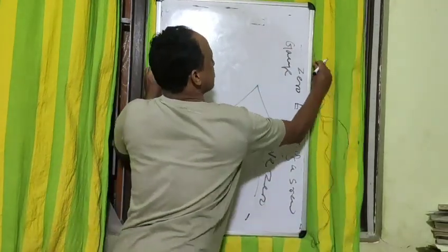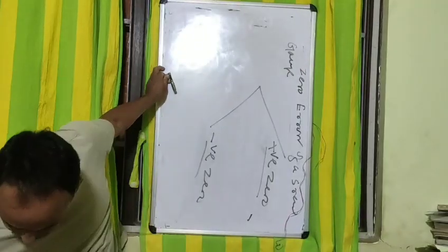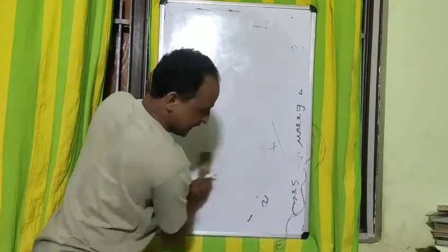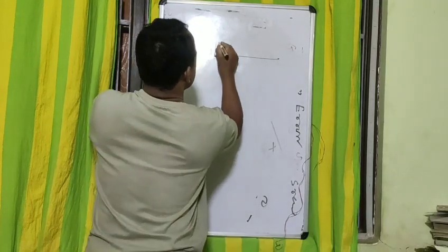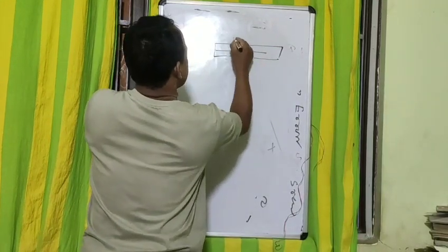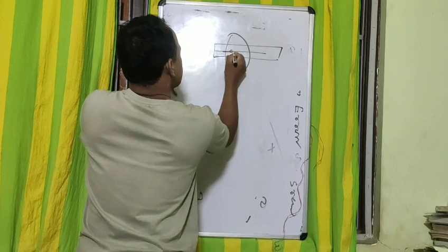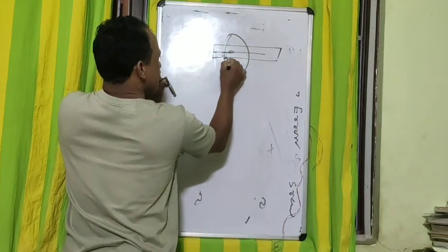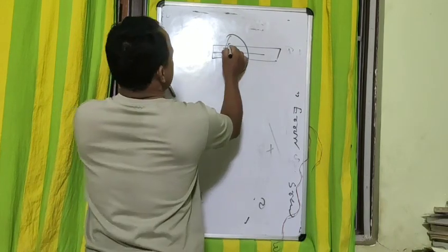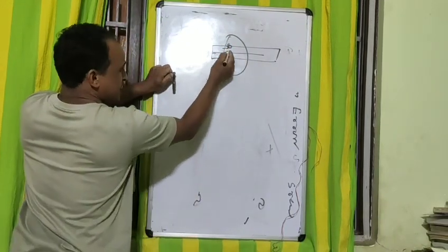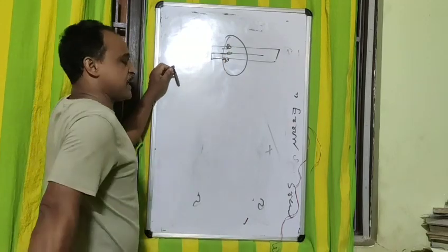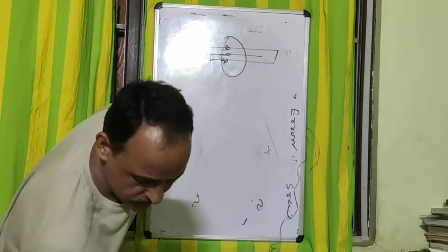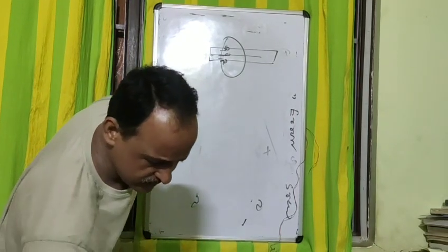That means if this is the baseline and the circular scale zero is on the baseline, then this instrument is free from zero error. So this is about the zero error.